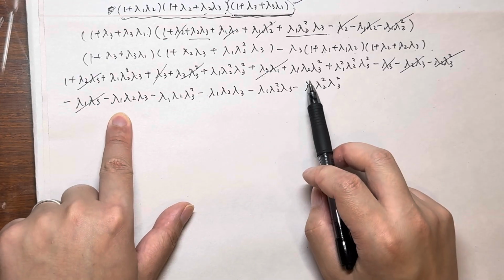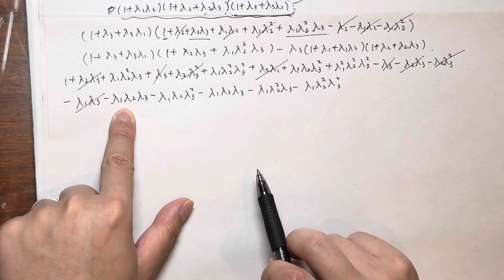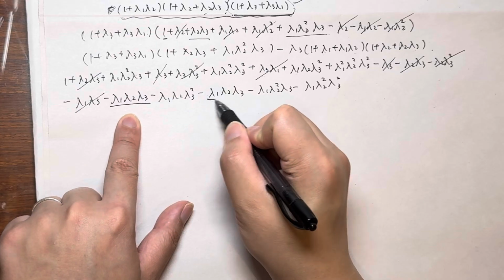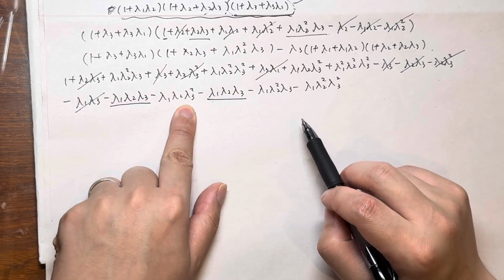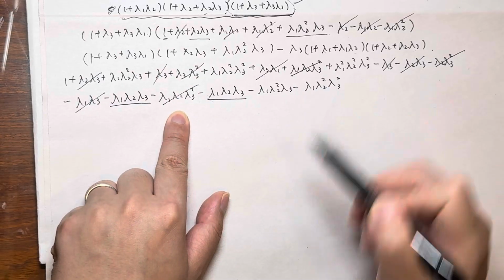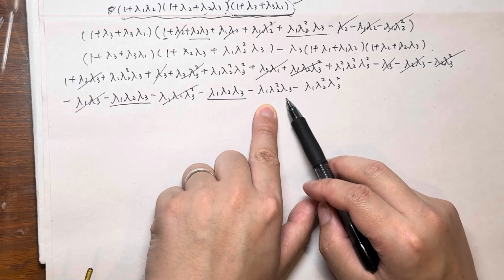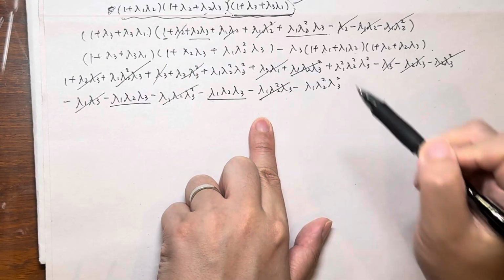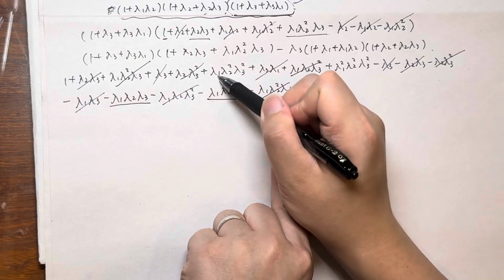And what about lambda 1 lambda 2 lambda 3? We don't have it, so we have twice of it. And what about lambda 1 lambda 2 lambda 3 square? Yes, we have it here. What about lambda 1 lambda 2 square lambda 3? Yes, we have it here. And what about lambda 1 lambda 2 square lambda 3 square? Yes, we have it here.